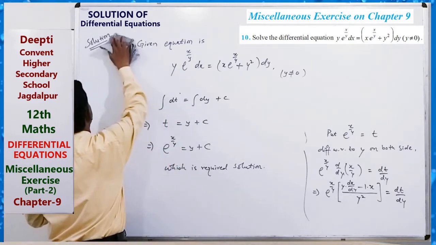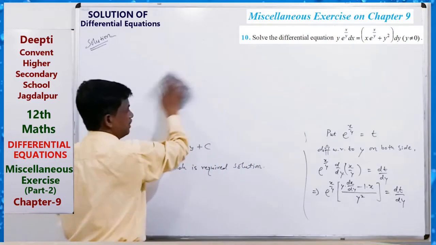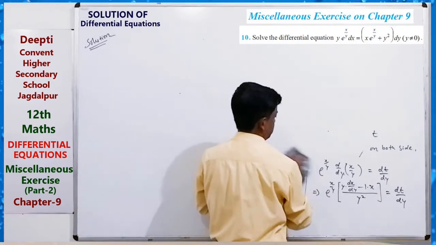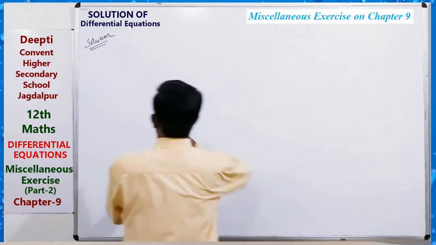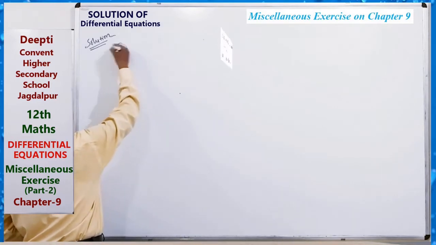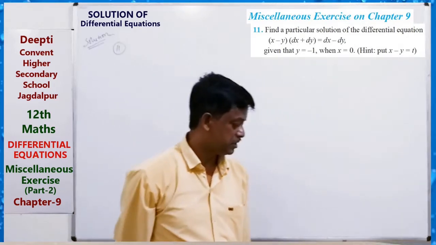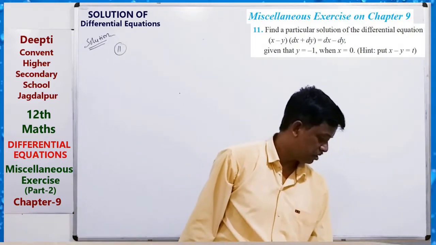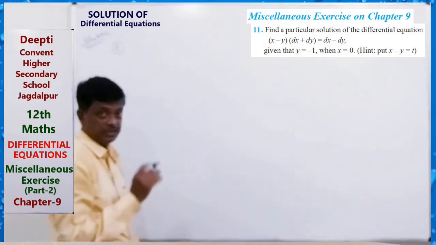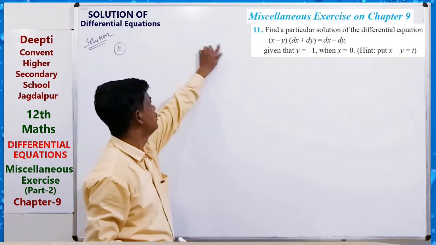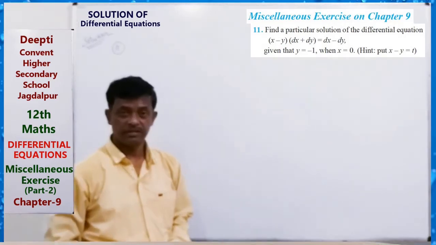Now take question 11. What is question 11? Find the particular solution of the differential equation. Particular solution means that after finding the general solution, we also have to find the value of the constant by using the condition. Clear?